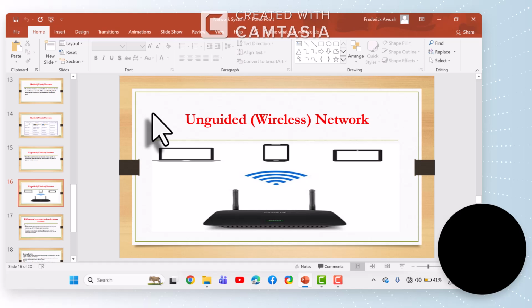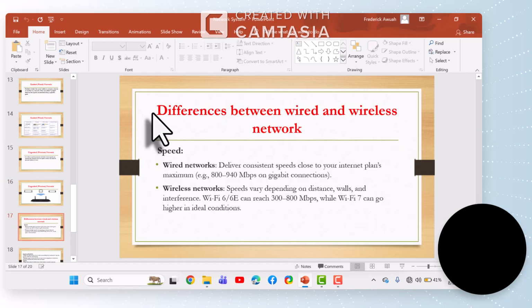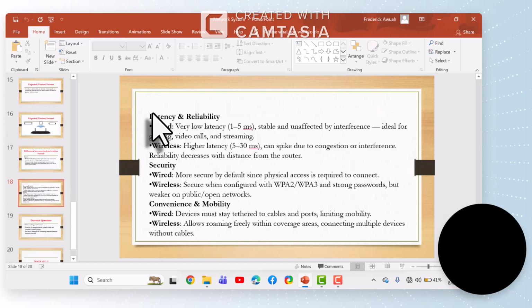And that one requires an IP address before you can get access. And the differences between wired and wireless networks: the speed can make a difference, and latency or reliability too. Also the security, the convenience, and the mobility.